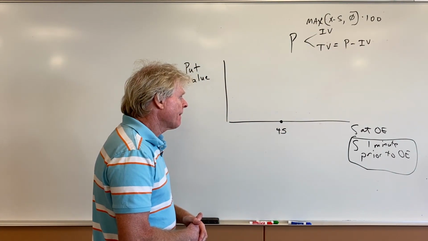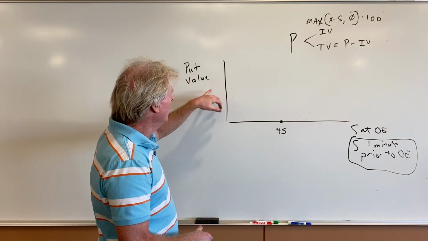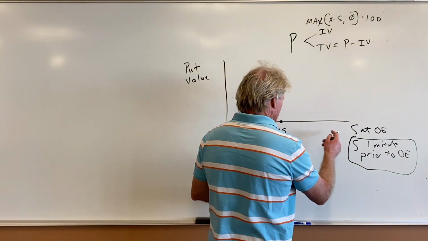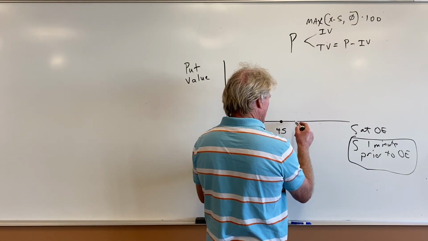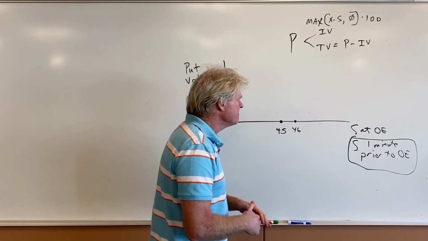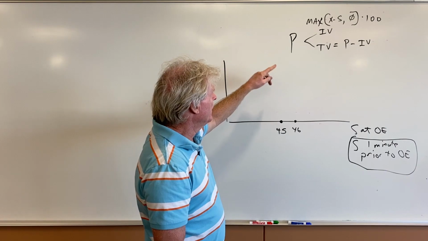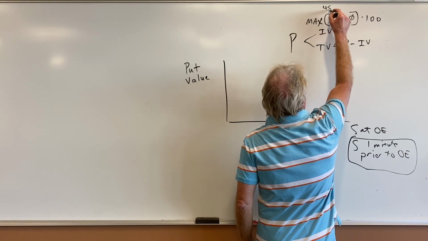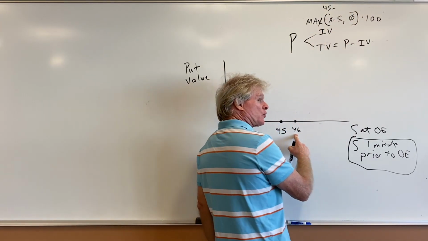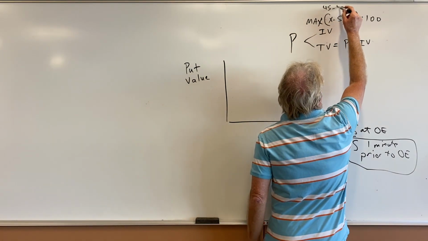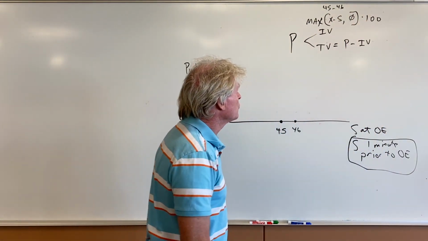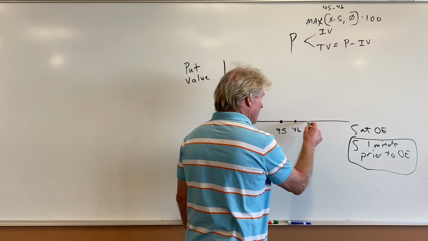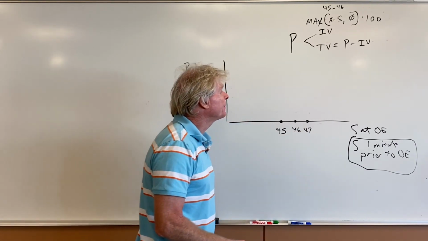Well, if the price of the stock, in this case HIJK, is 45 or above, let's choose 46. Let's see what happens. Well, intrinsic value is the maximum of the strike price, 45, minus the stock price, right now assumed to be 46, which is minus 1. Maximum of minus 1 or 0 is 0, so it's worth nothing. What about stock price of 47?